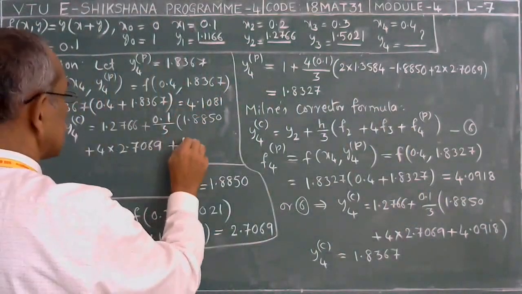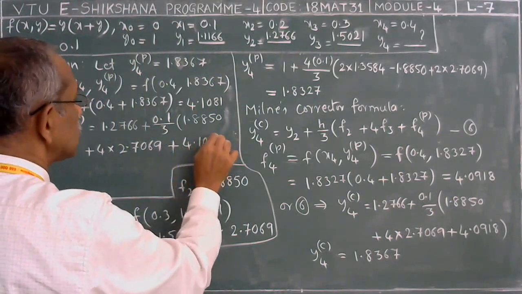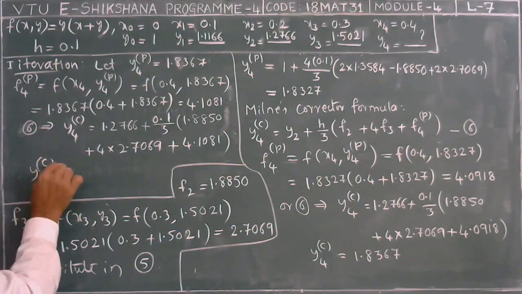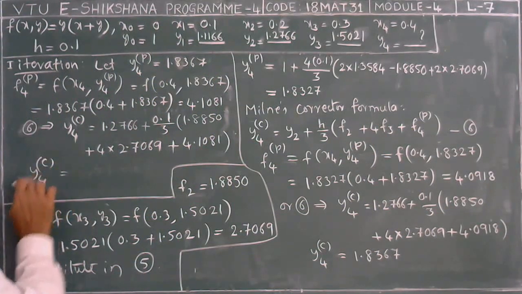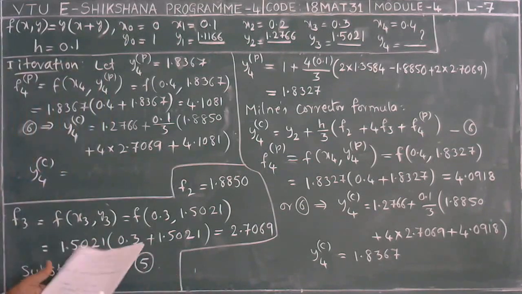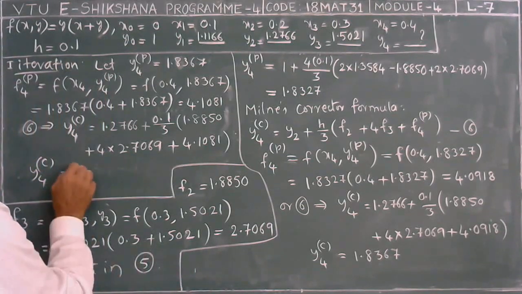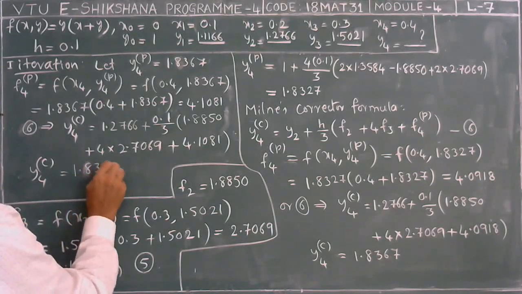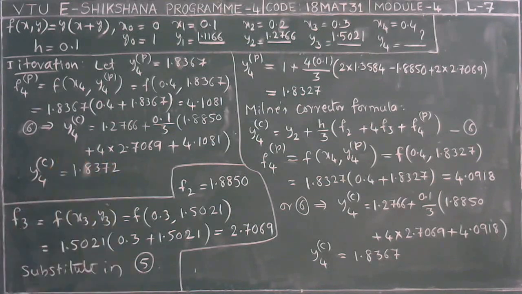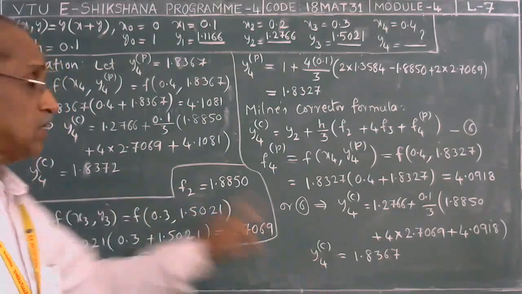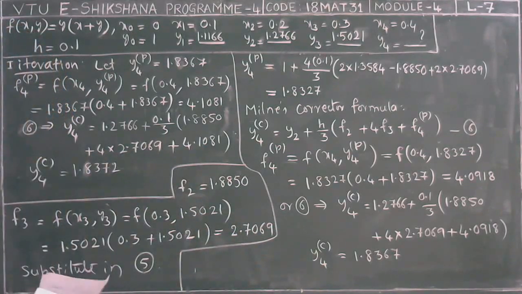This f4p is 4.108. If you carefully calculate, you get y4c in the first iteration as 1.8372. Now compare this y4c with the previous y4c. There is a difference. So let us consider a second iteration.